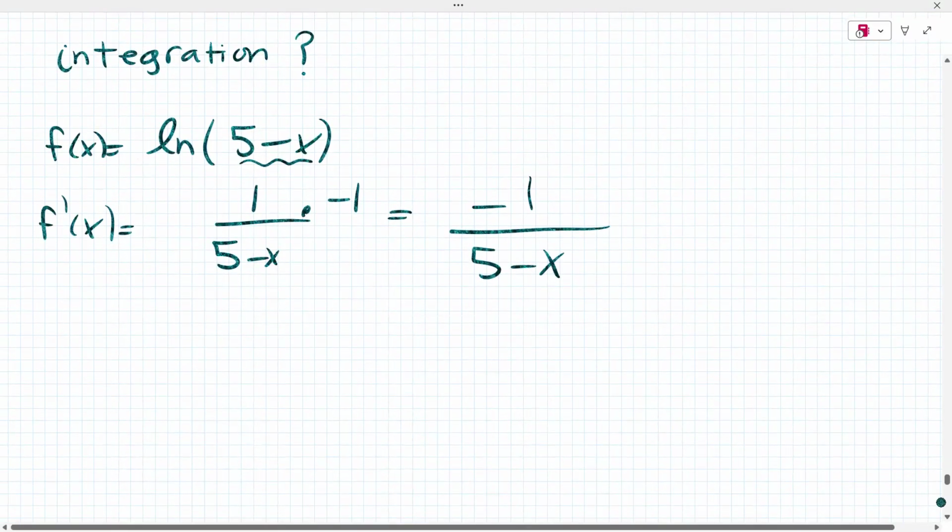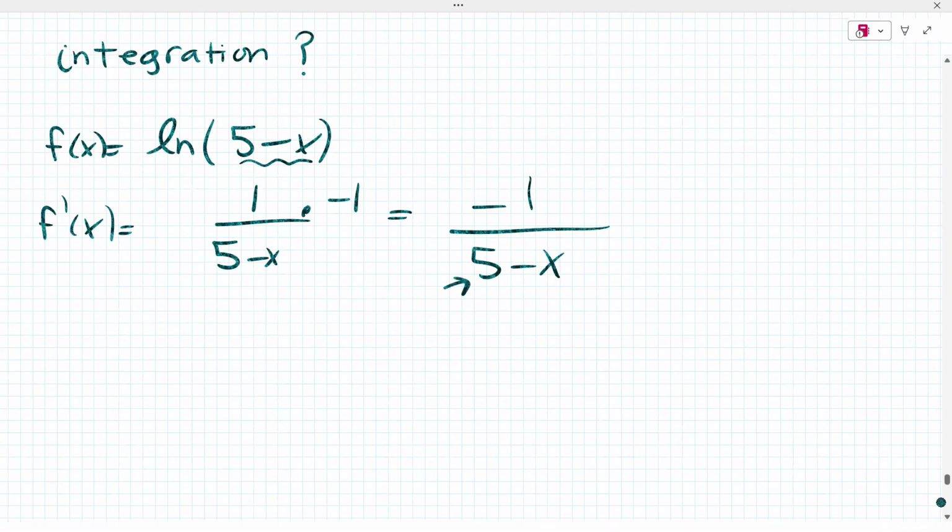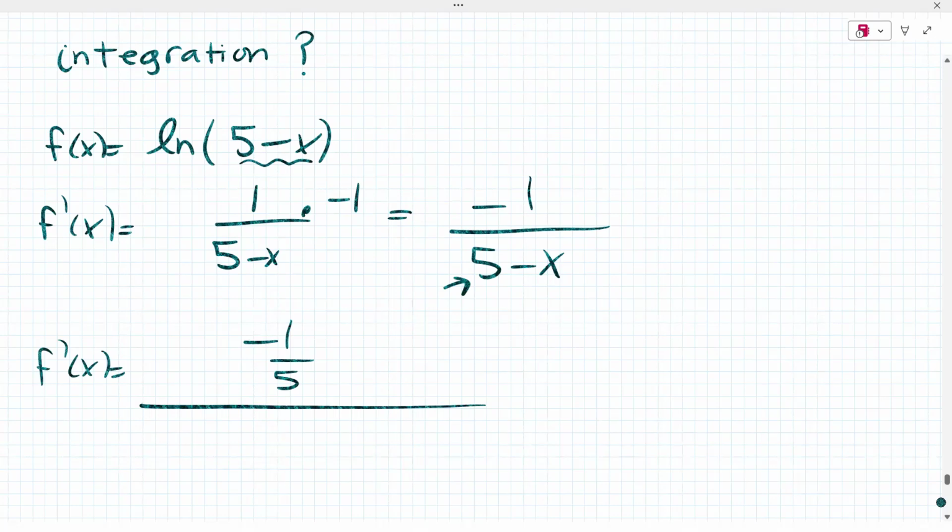So what I would do next is make this 5 into a 1 by dividing everything by 5, right? It's going to be negative 1 over 5 over 5, divided by 5 is 1, or 5 over 5 minus x over 5.